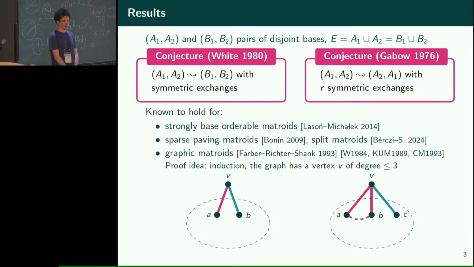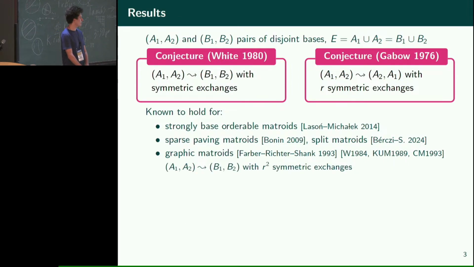And for both of these conjectures, the conjecture for a matroid is equivalent to the conjecture for its dual. So this also implies that the conjecture holds for co-graphic matroids. But I also wanted to mention that this graphic matroid proof shows a sequence of length the square of the rank for White's conjecture, and also shows Gabow's conjecture. So these conjectures were known to hold for graphic and co-graphic matroids for a long time.